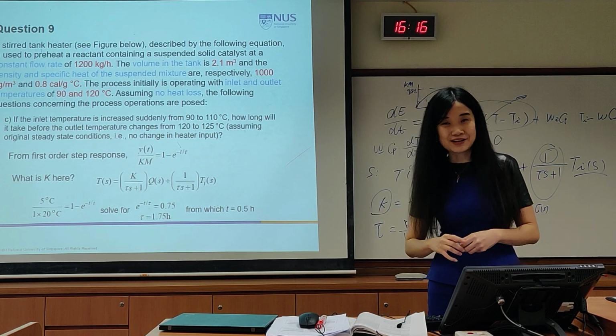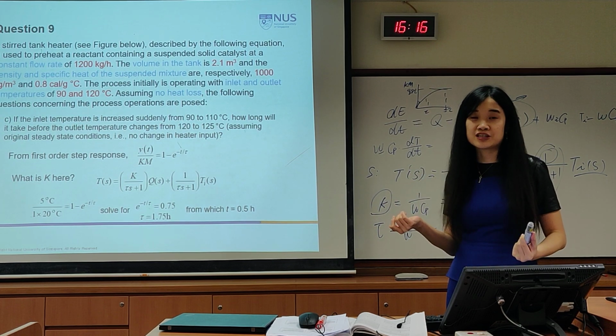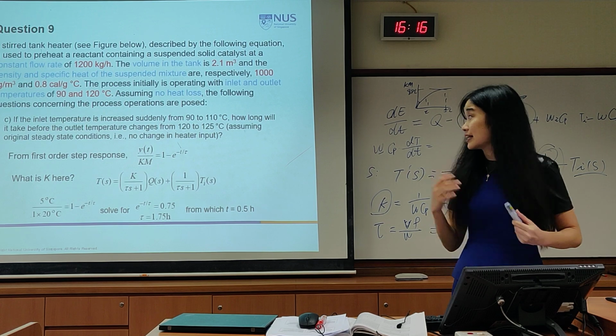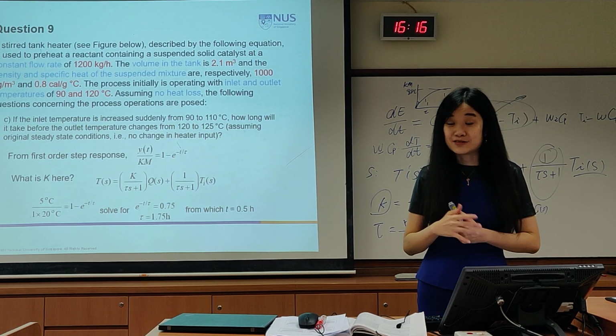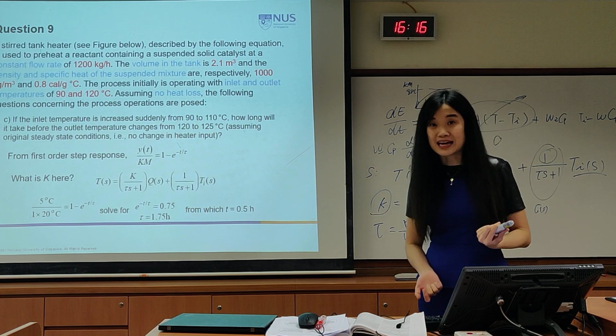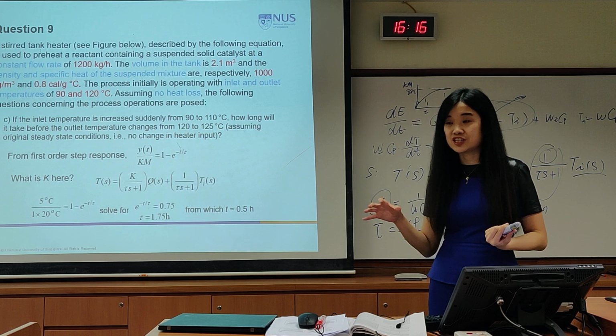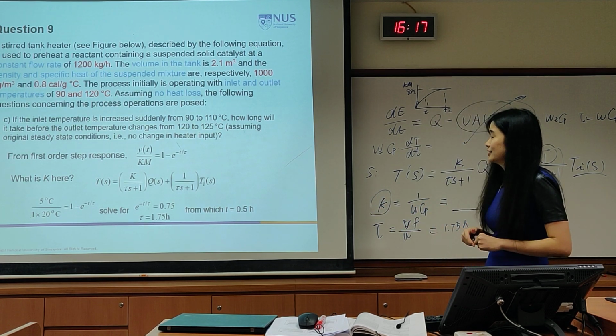Okay, so this is relatively easy, just a first order process. But if you've got different orders, different functions, you need to think about how to use the same procedure, using this response function, switching between time domain and S domain, to calculate the time required to reach the final steady state or to reach a certain operating state.